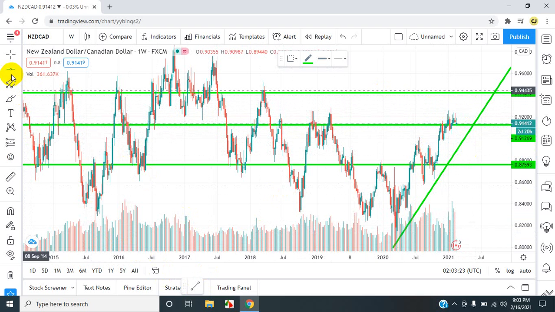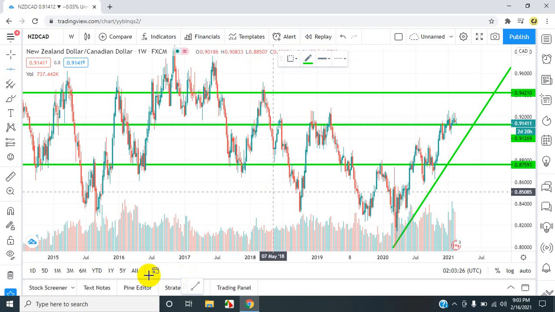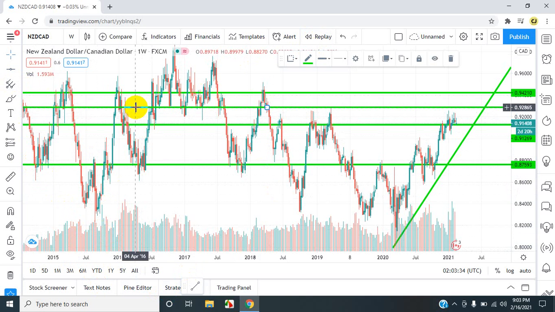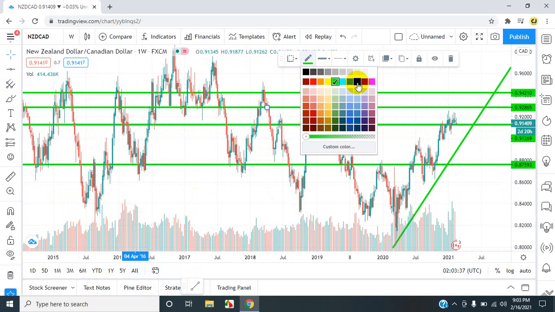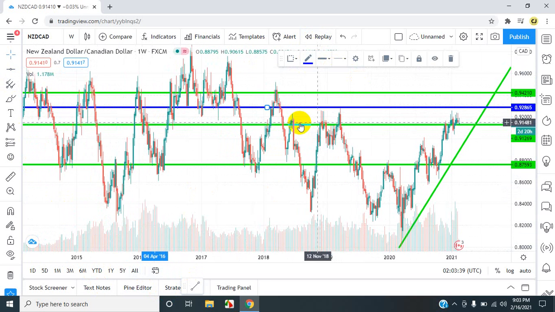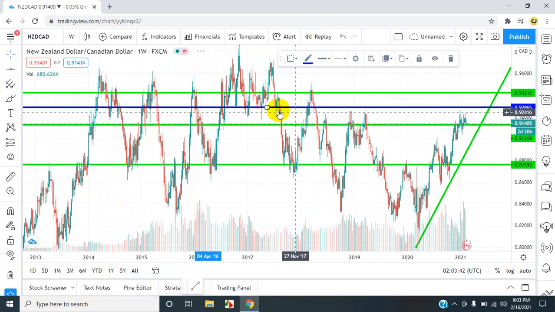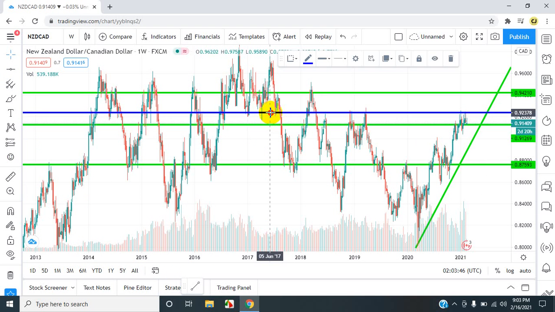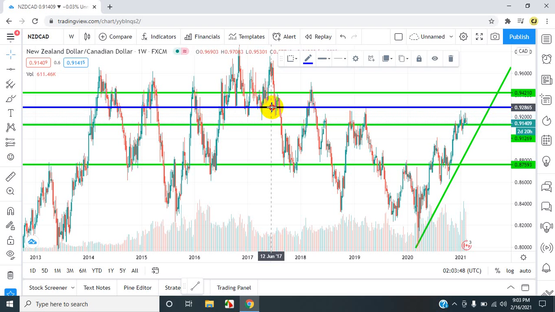If we head over to the SR, if we grab our horizontal line, and let's change our color to blue. So let's say we go with the SR line blue, and we will be trying to get these to touch the inverted peaks here.